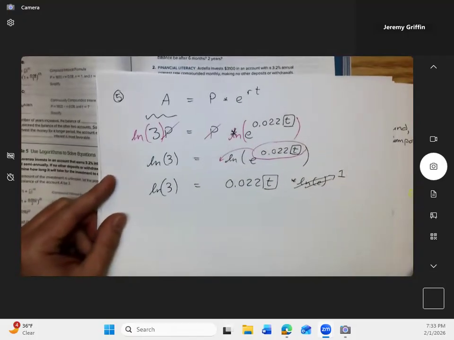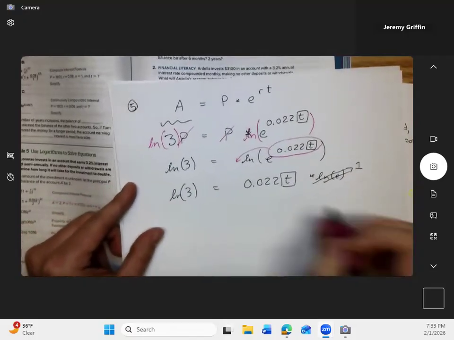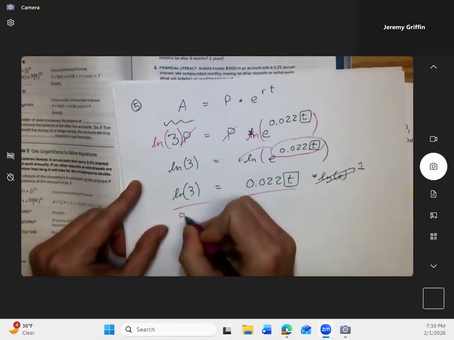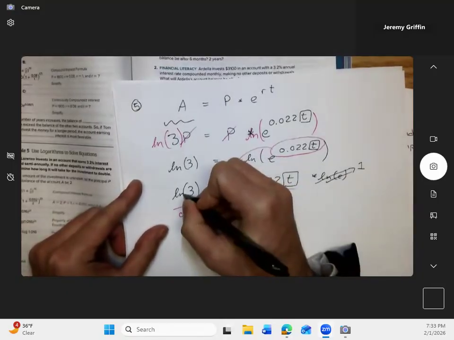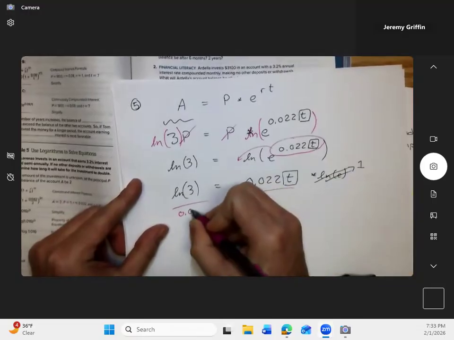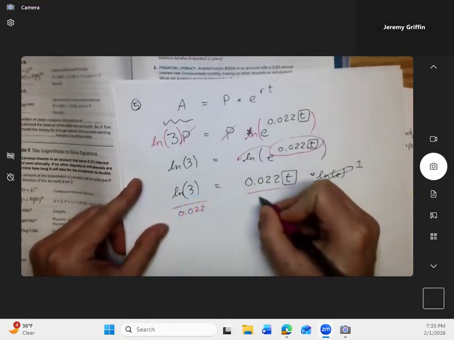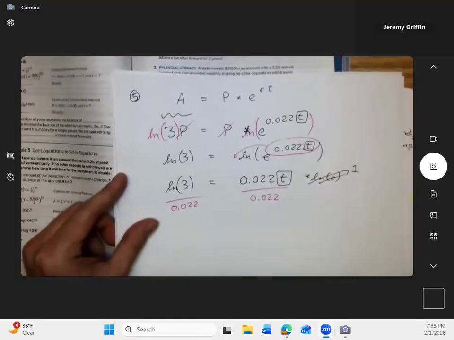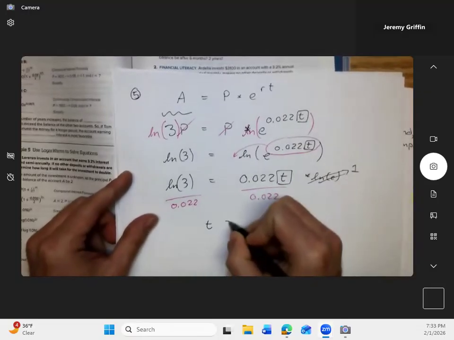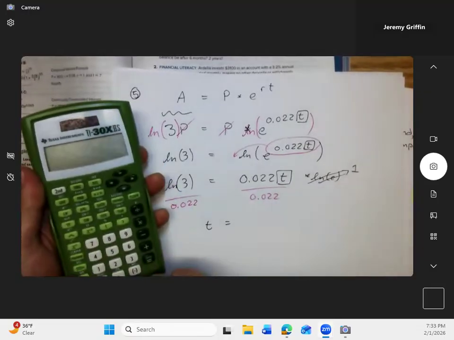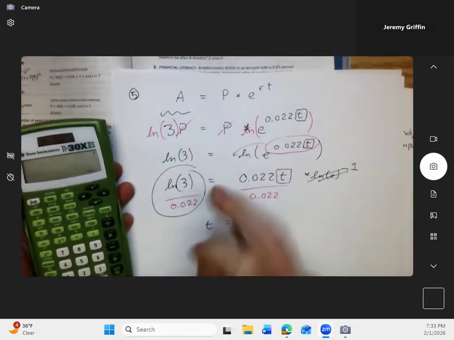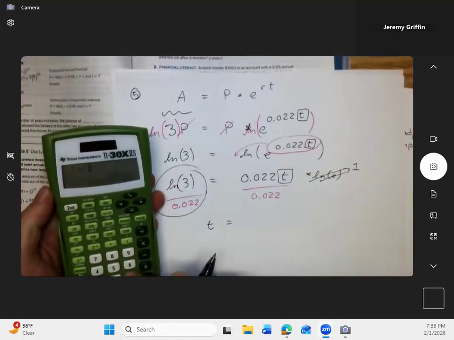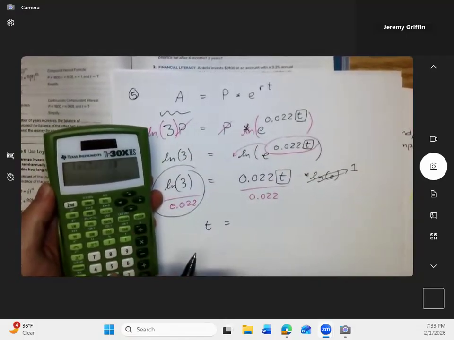So divide both sides by 0.022. The amount of time it takes the investment to triple is natural log of 3, close parenthesis, over 0.022.